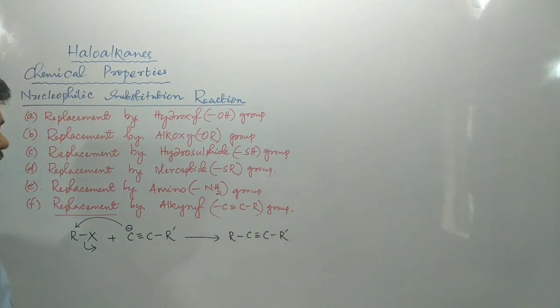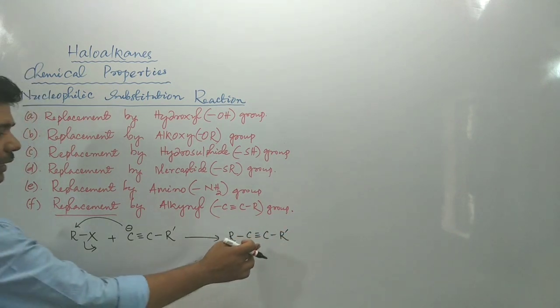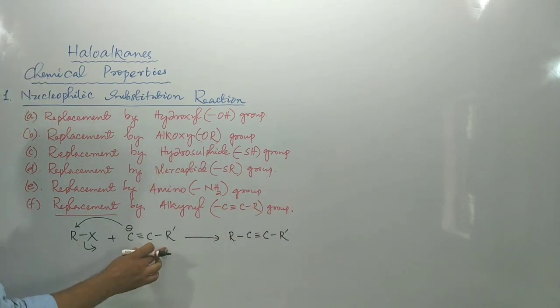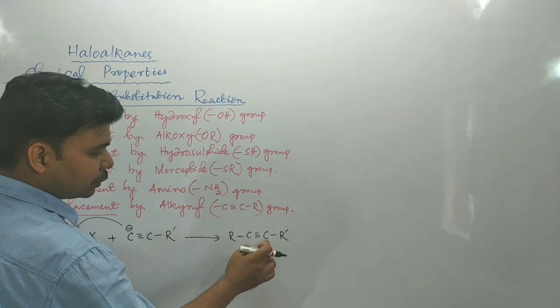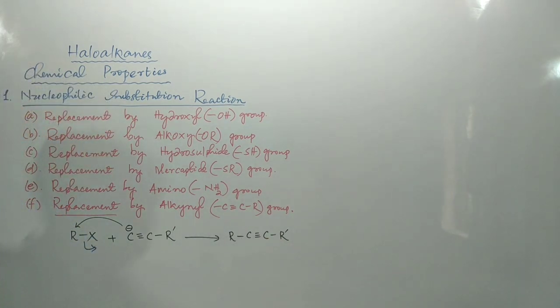What is the product here? Alkyne, a higher alkyne. I can say this is the higher one. Why? Because this contains more carbon atoms as compared to the alkynide ion. In alkynide, R dash plus 2 carbons were there. Here, along with R dash and 2 carbons, another alkyl group is present.